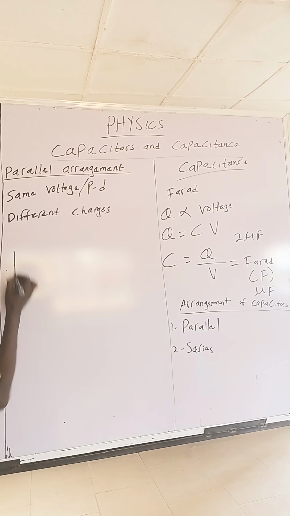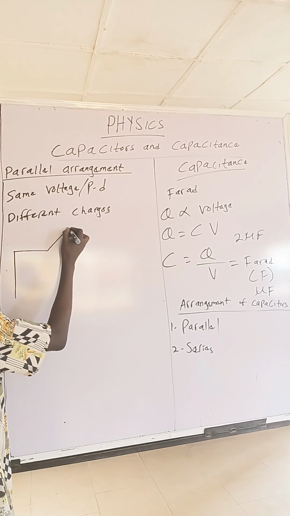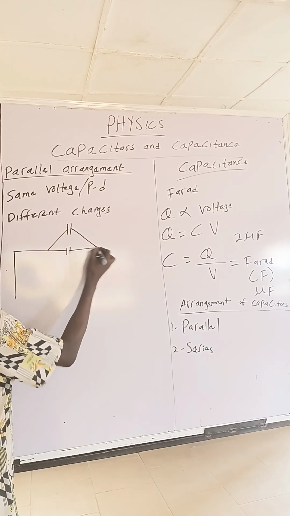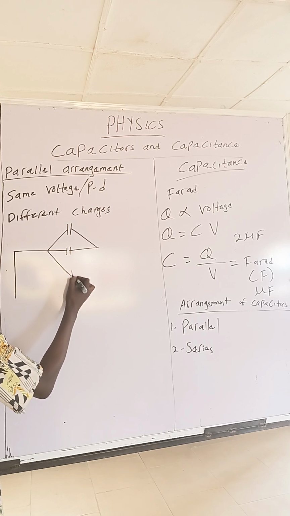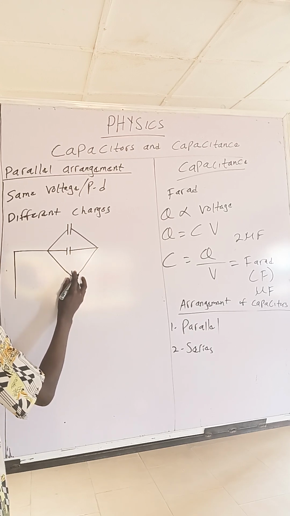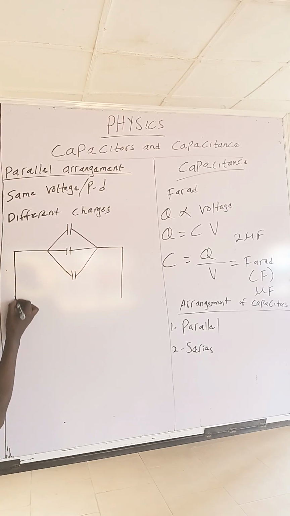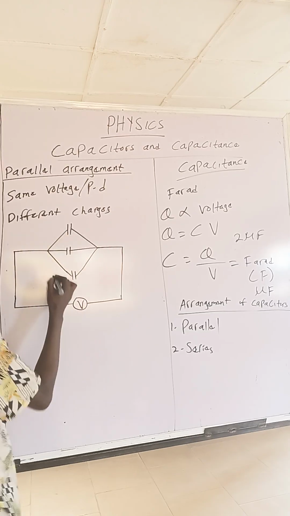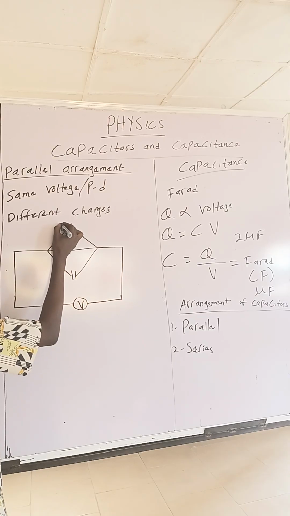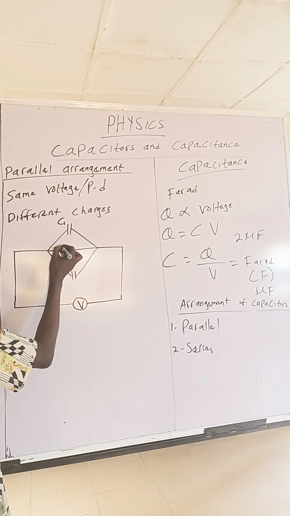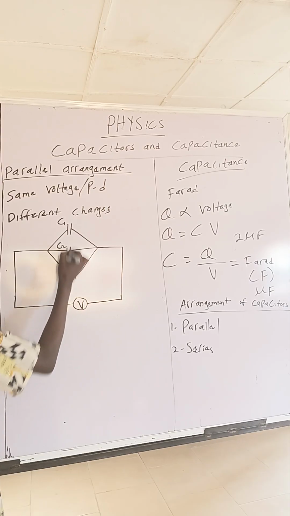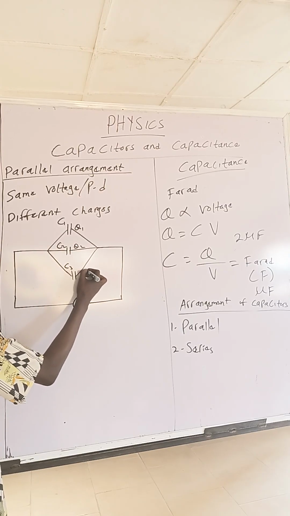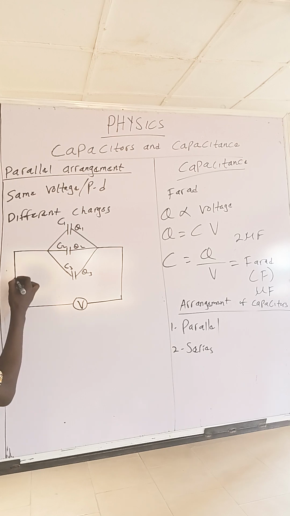Let's say we have something like this. This is where we have the potential difference, and then each of the capacitors are here: capacitor 1, capacitor 2, and capacitor 3, each with their respective charge, charge 1, charge 2, and charge 3.